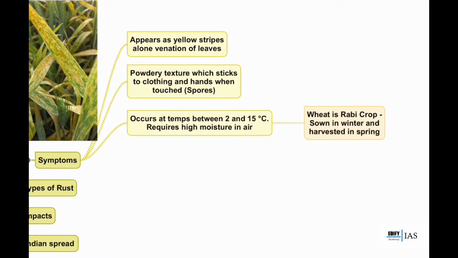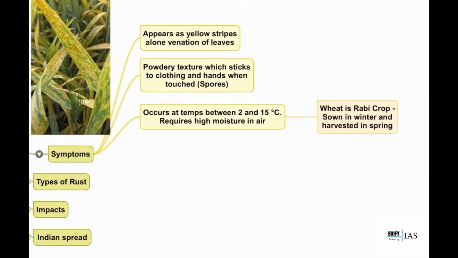That's an optimal temperature for them, and they require high moisture in the air. So the temperature and weather requirement for this fungus to thrive is usually in winters 2 to 15 degrees, and also if you have rainfall in the middle, it's a very good thriving environment for this fungus. And this fungus attacks wheat, that is a rabi crop, which is sown in winter and harvested in spring, right?